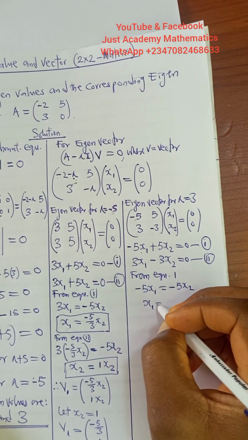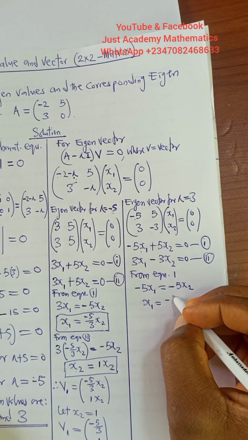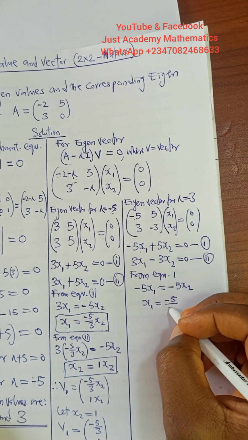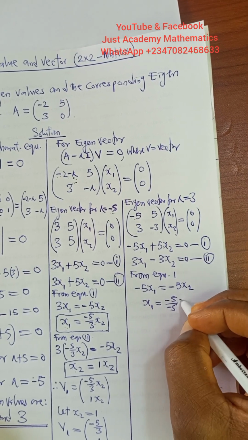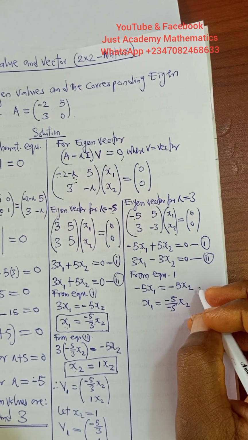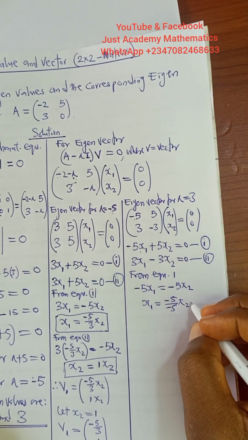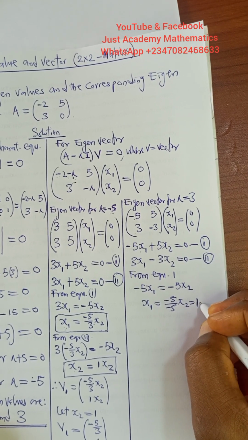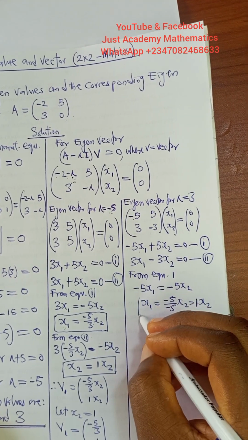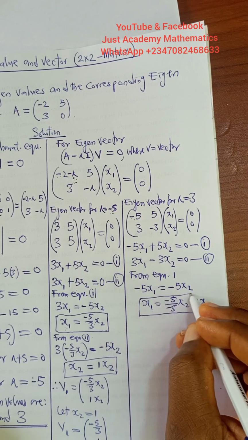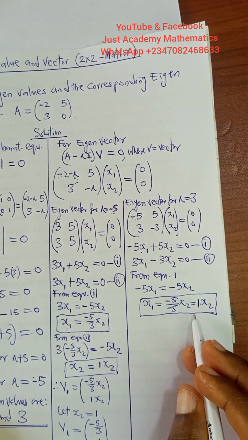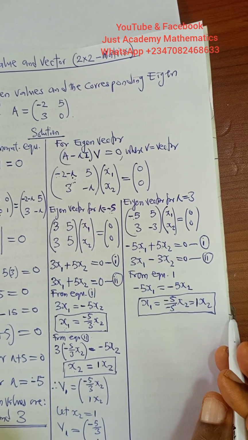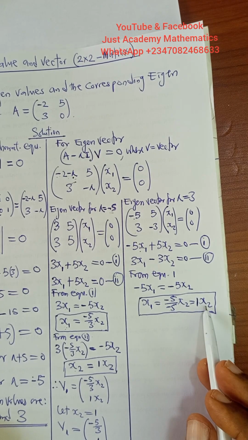So x1 is equal to -5 over 5, then x2. Are you following now? Which is the same thing as 1x2. Let's leave it as 1x2. So this is the value for x1, 1x2, in terms of x2.